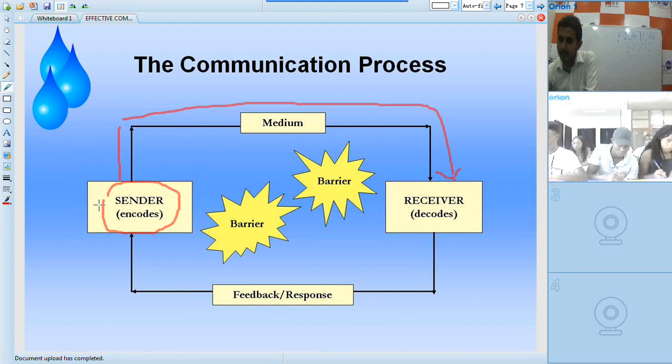The message is generated from the sender, who can also be called the encoder. It comes via the medium to the receivers, who decode the message. Then comes the response to that message, and if required, they give feedback to the sender. In between, you can see these areas, the barriers.